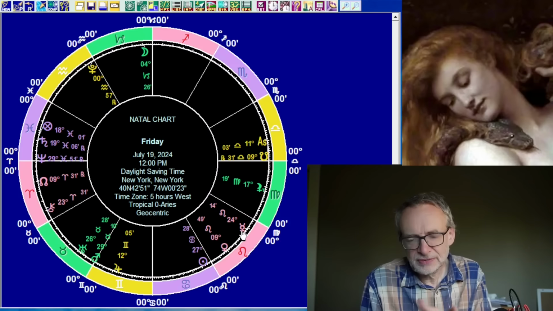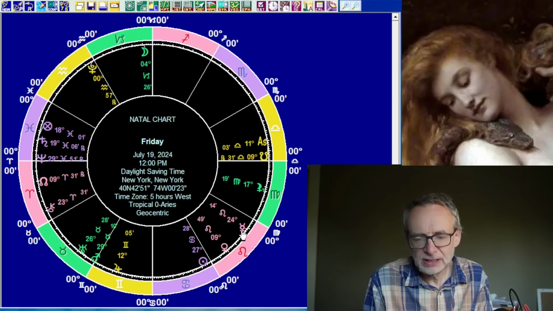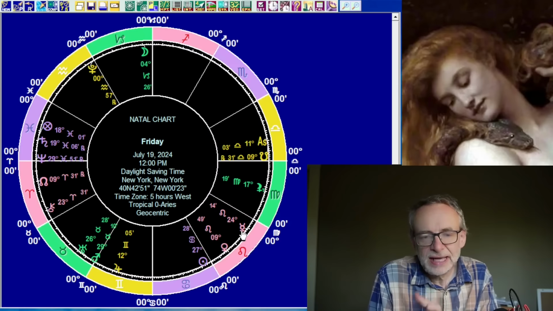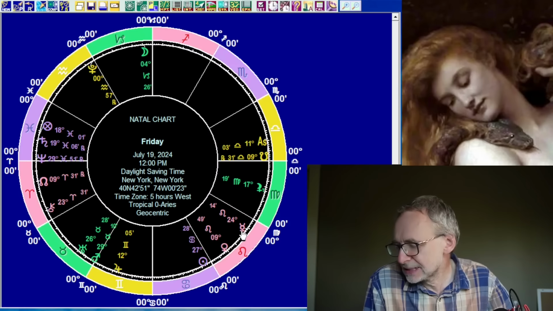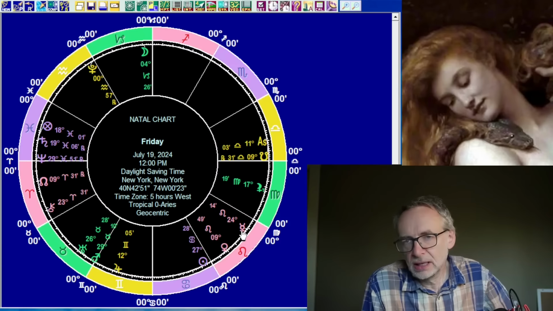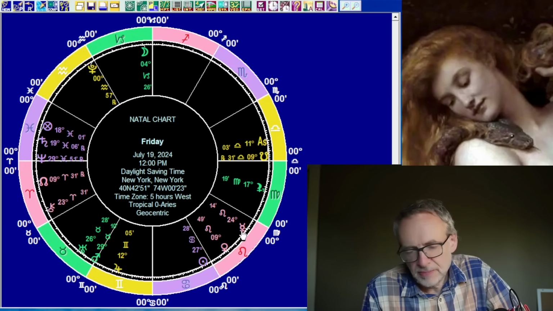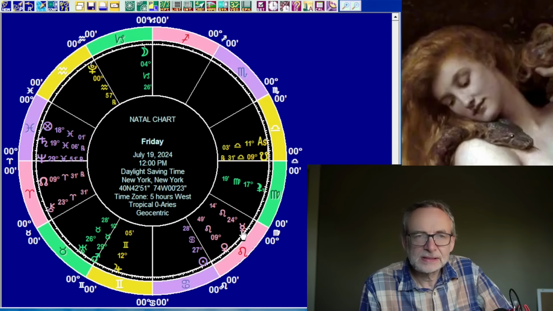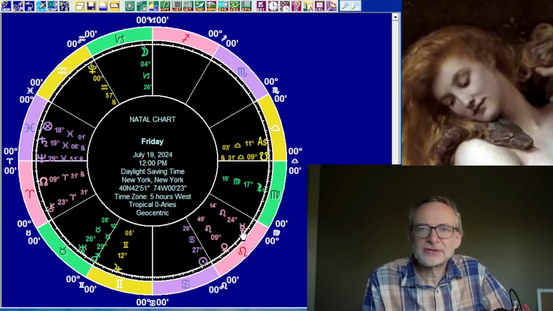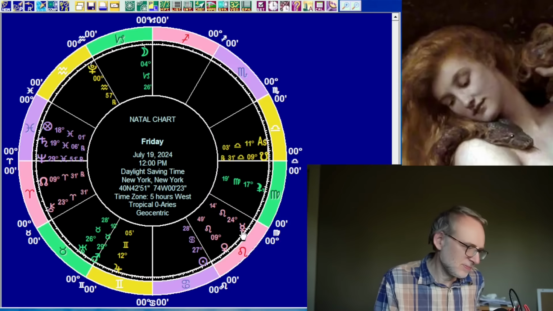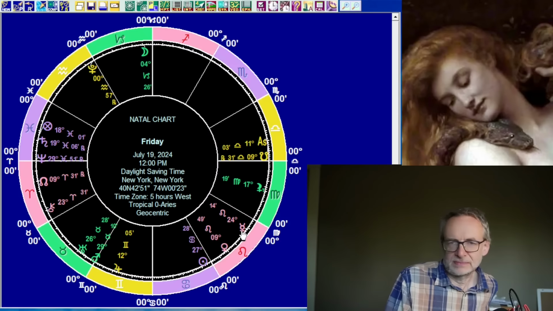And then we've also got Mercury quintile Jupiter. So, this is a reminder that a day or two ago we had Jupiter quintile Neptune. That Jupiter quintile Neptune, it's breaking up a little, but it's still there. And so Mercury quintile Jupiter, wanting to get our message across. Mercury quintile Jupiter, loud and clear.